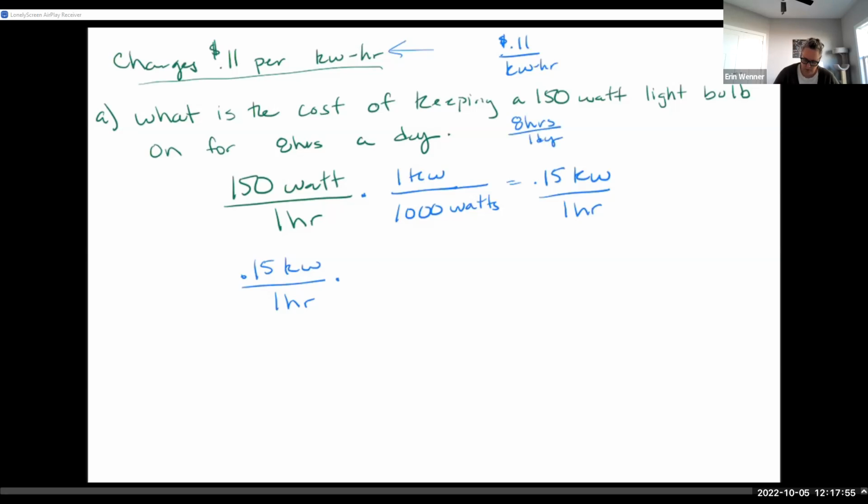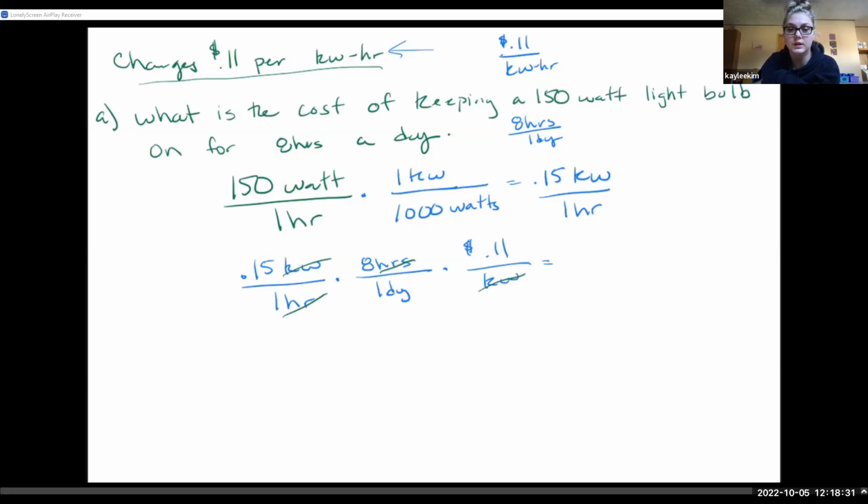Thinking about what unit of measure we need to cancel, this first conversion factor gets rid of our hours, and the second conversion factor gets rid of our kilowatts. Because again, our units of measure have to be diagonal from each other in order to cancel out.